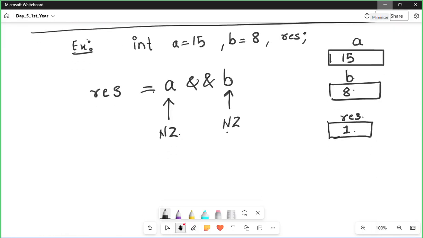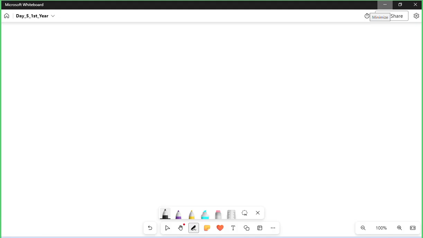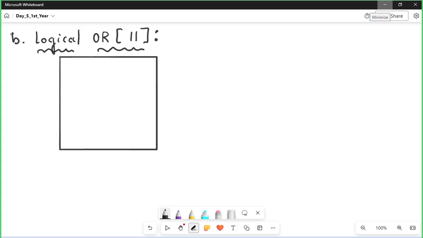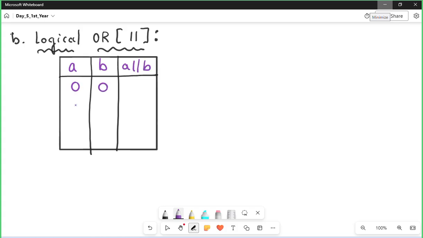Okay. Similarly, the same rule applies for the logical OR table also. Second one, logical OR. Again, you need to remember the table here for logical operators. So you will have two inputs A and B. The OR operation is like this: 0 0, 0 non-zero, non-zero 0, non-zero non-zero.